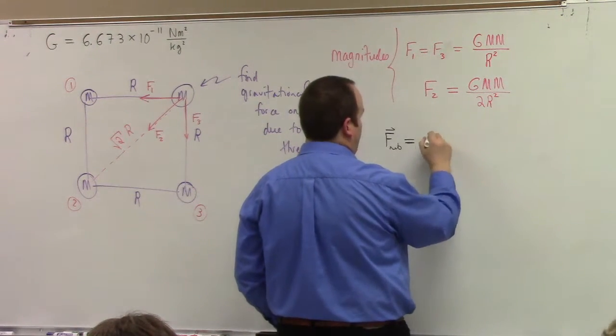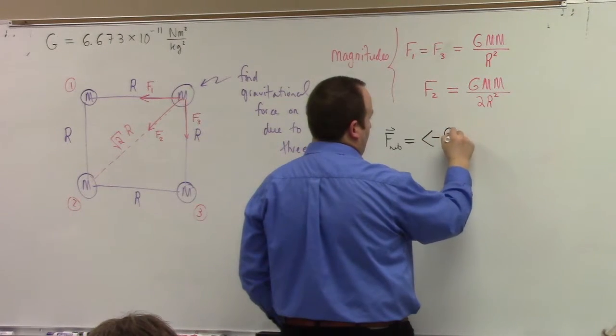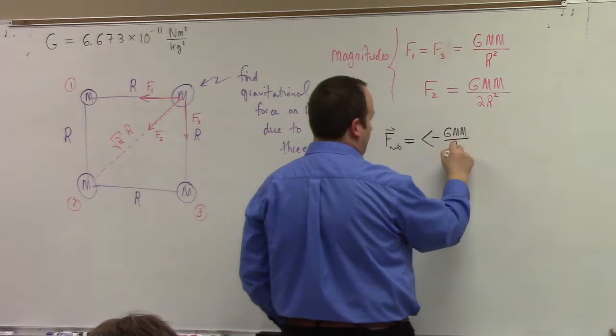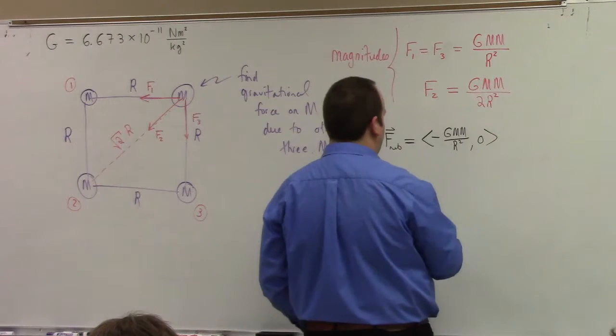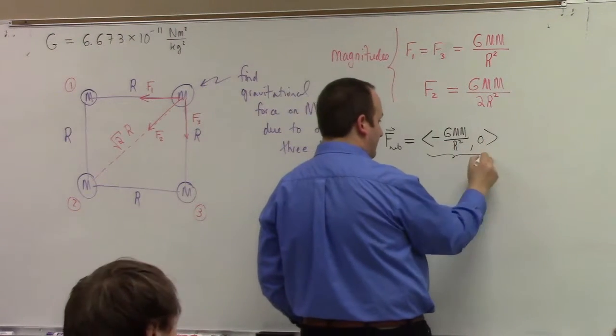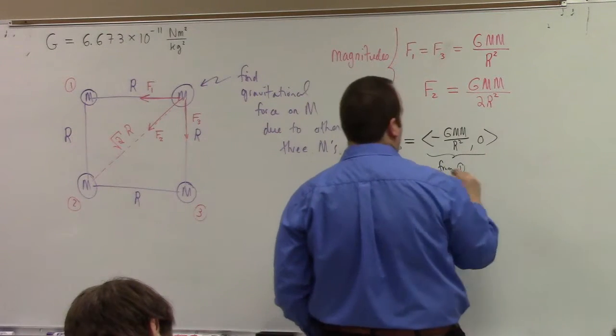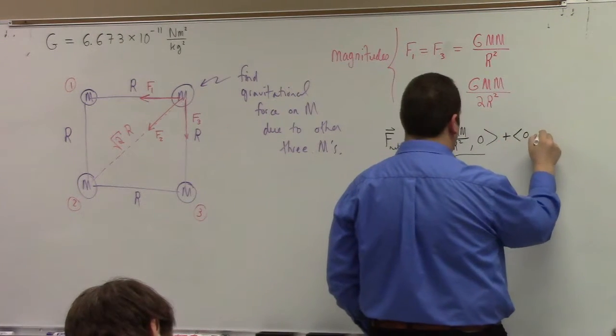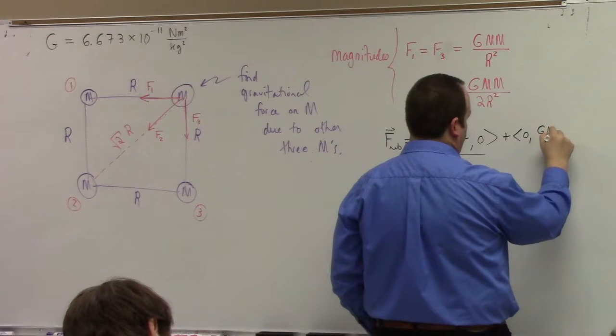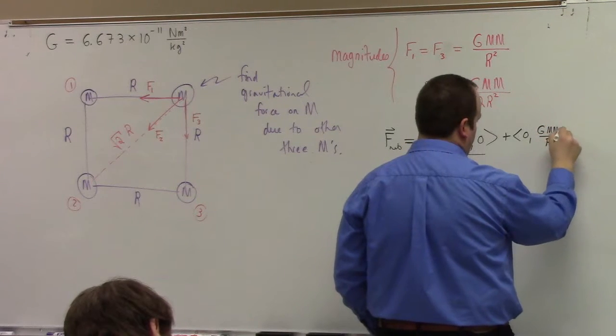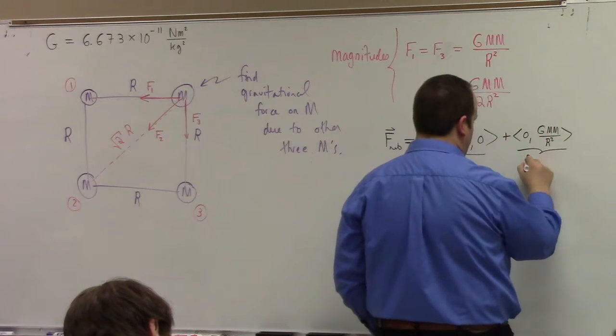Let me just get straight to the point. Minus GMm over r squared, 0. This is from 1, right? And then plus what? 0, GMm over r squared. This is from 3.